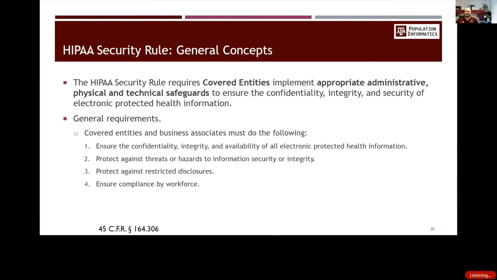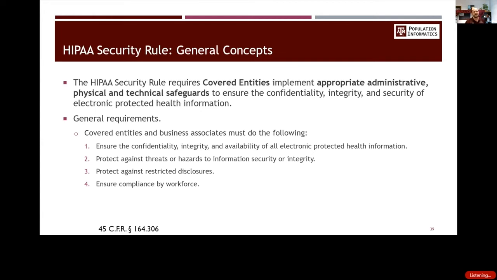The basic premise of the security rule is that it requires covered entities to implement appropriate administrative, physical, and technical safeguards to ensure the confidentiality, the integrity, and security of protected health information. And there are 4 general requirements that apply to each of these administrative, physical, and technical safeguards, right?